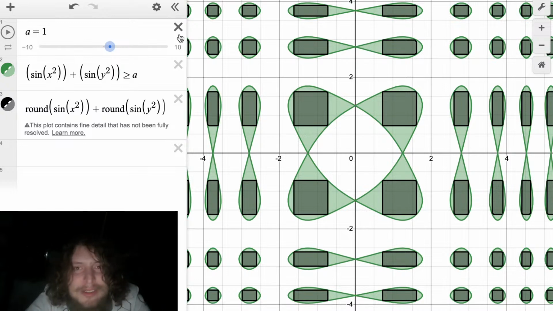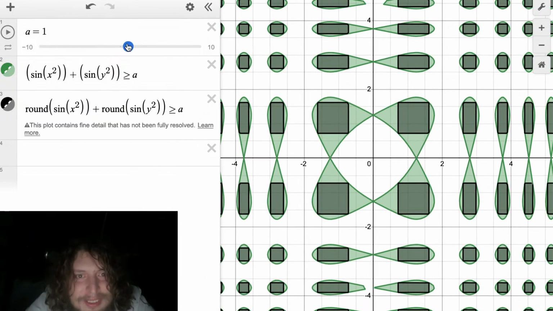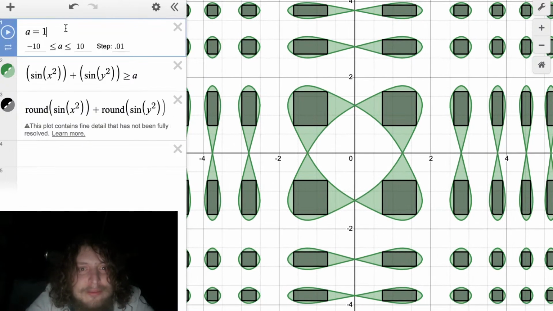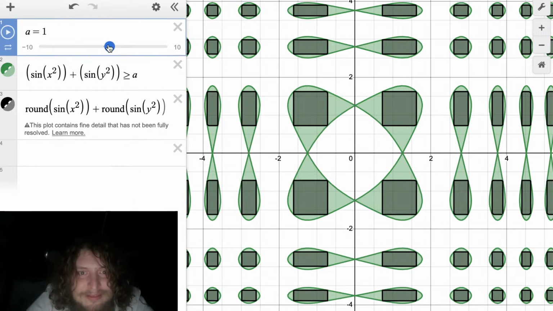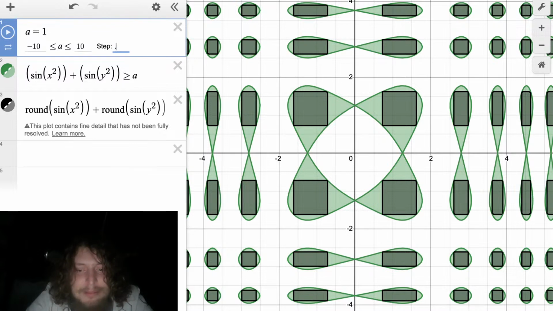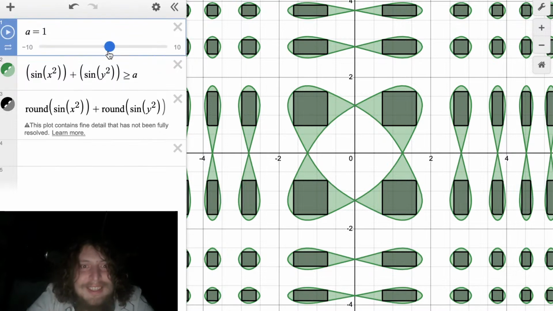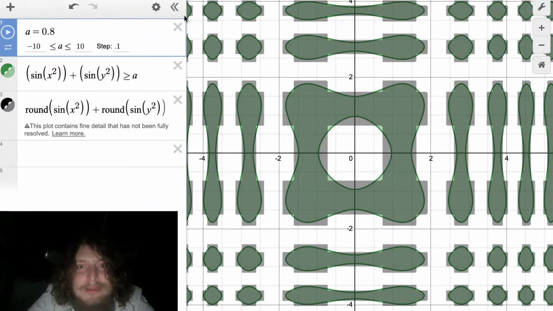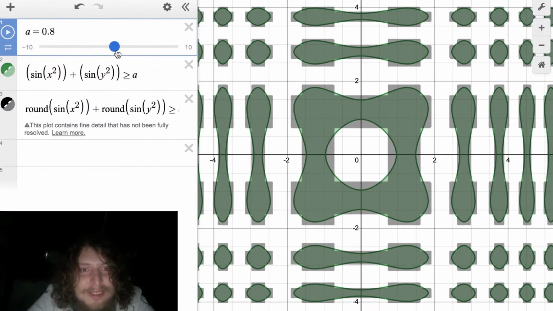Maybe it's just not able to there for some reason. I don't know. Yeah, I don't know. Weird. So, what if I put another 0? No? They just don't want to. Okay. Step 0.1. Fine. Now, as we go... Wait, but now it's 0.2. Why are they messing with me like this? Why can't I go more precise than this?